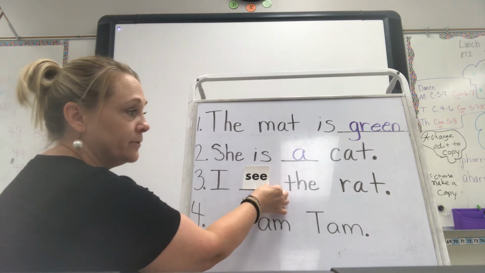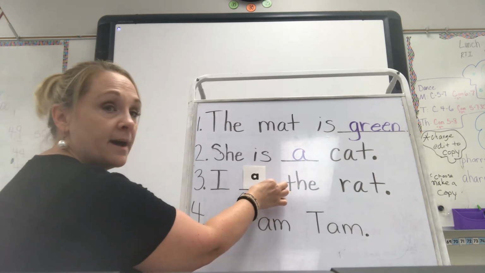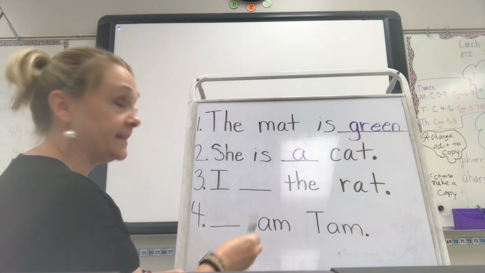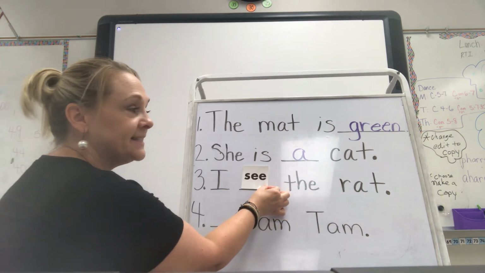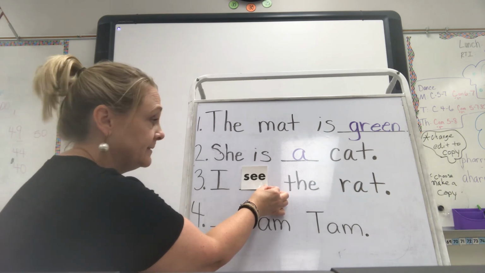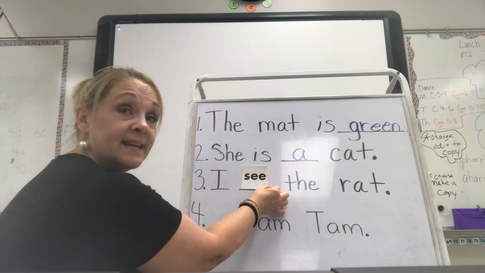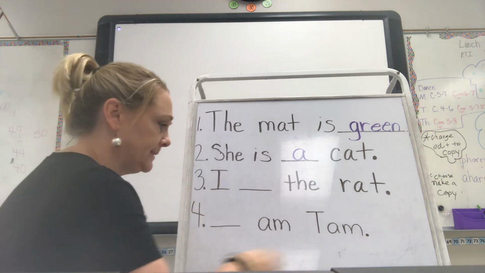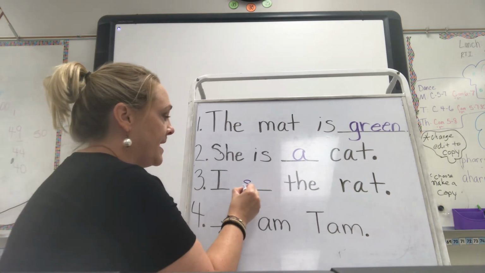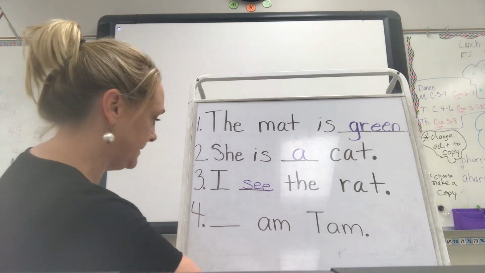I a the rat. Let's try see again. I see the rat. Does that tell a complete idea? Does it make sense? Yes. What in the world do I see? A rat. I see the rat. So let's write the word see. S-E-E. I see the rat.